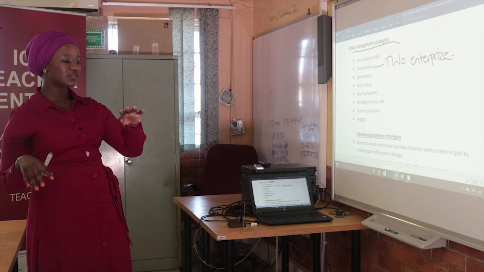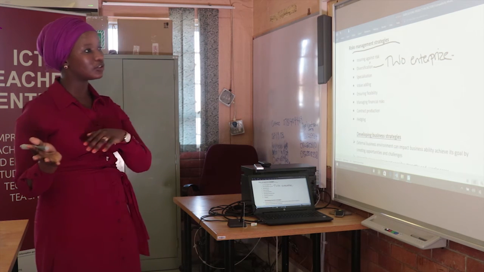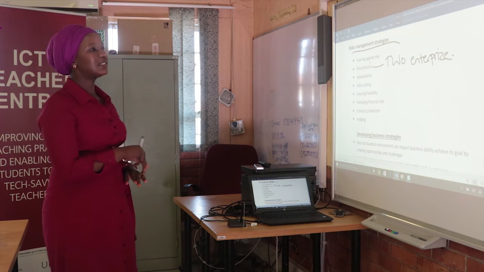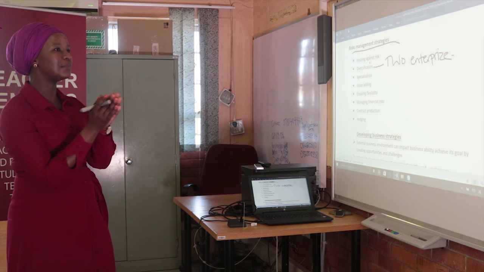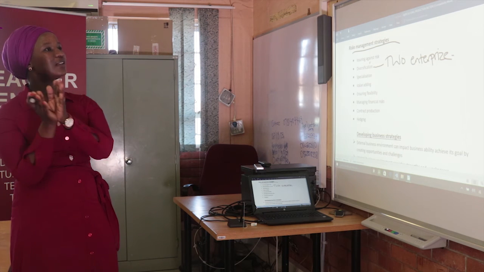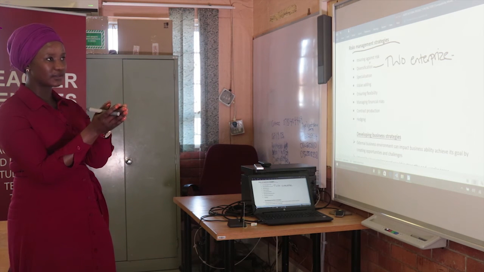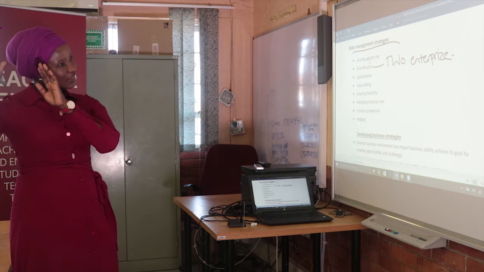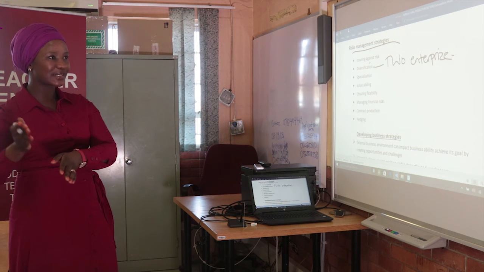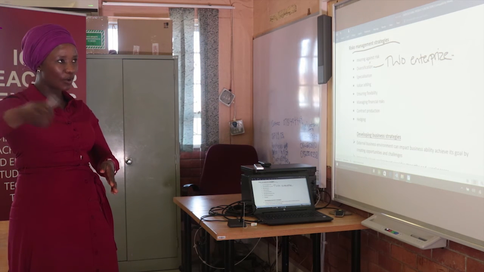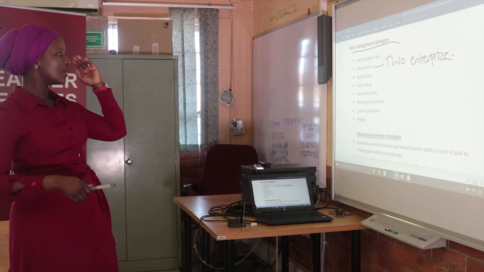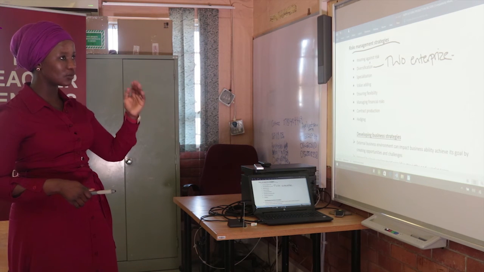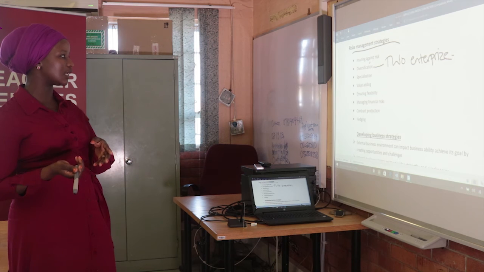So how does diversification work? Let's say we've got a pig farm and a vegetable farm. On the pig farm, there's swine flu, and our pigs die in numbers. The vegetable farm will sustain us. The cash will keep on flowing until the pig farm is in a good position as well. So that is what we call diversification.